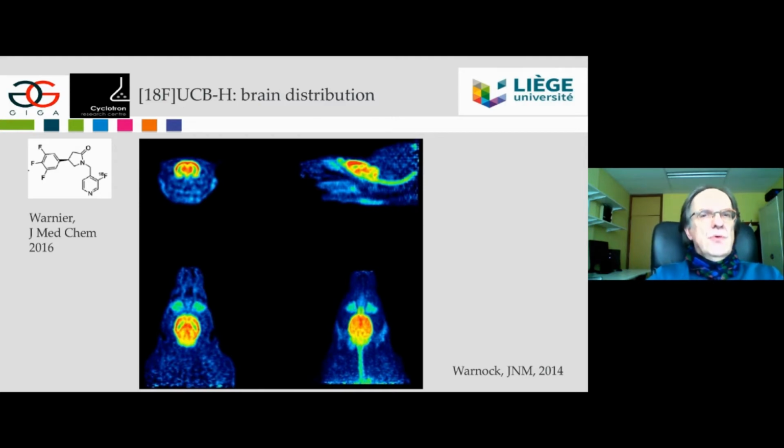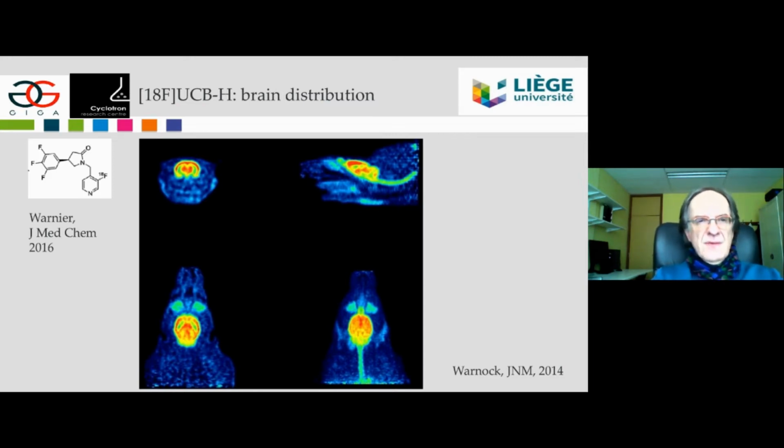And what you first want to see with this kind of molecule is a brain distribution. So what you want is to be able to make an injection, normally an intravenous injection, because that's what will happen in nuclear medicine. And you need your drug to cross the blood-brain barrier, which is not always that evident.